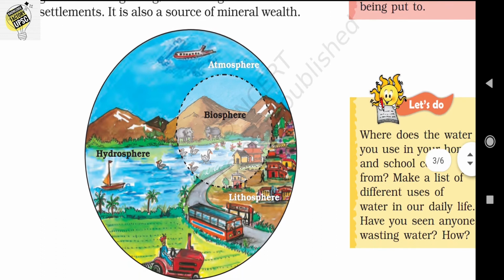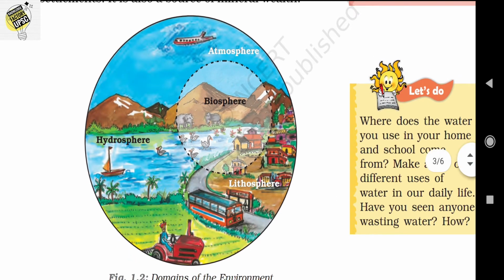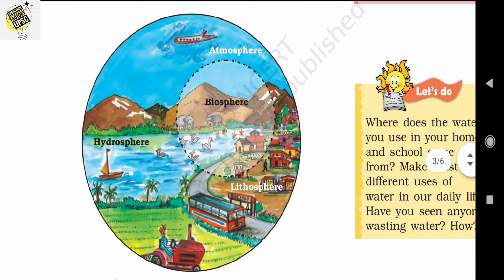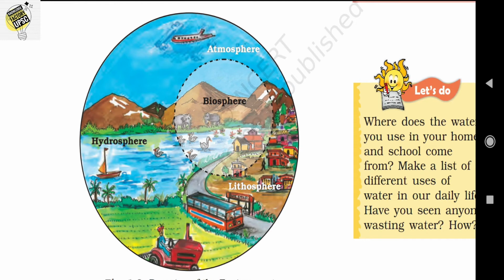So let's look into this picture which clearly depicts the main components of the earth and its forms. There is a flight in the air, in the atmosphere, and we can find the land portion, written as lithosphere, and the water portion, written as hydrosphere.